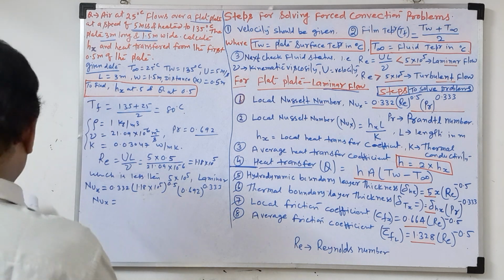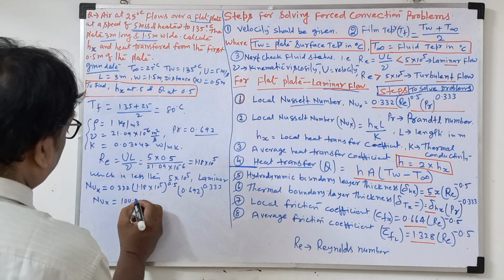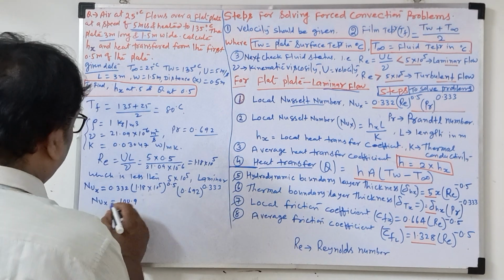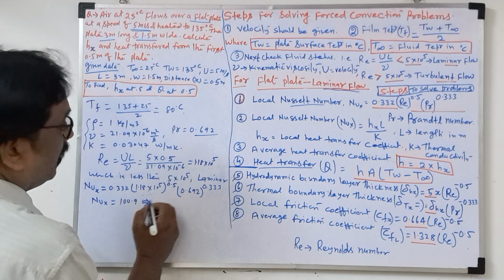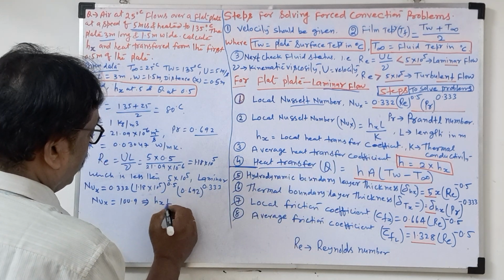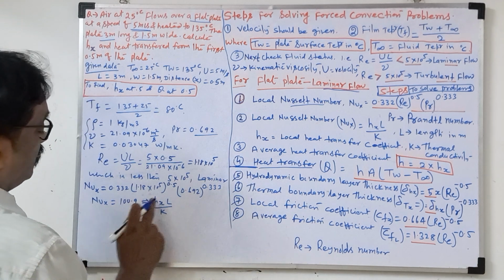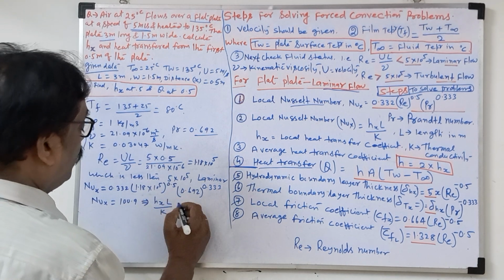Nusselt number calculation comes 100.9. Now you know the Nusselt number is equal to h x L by K. So Nusselt number will be this. I need h x.